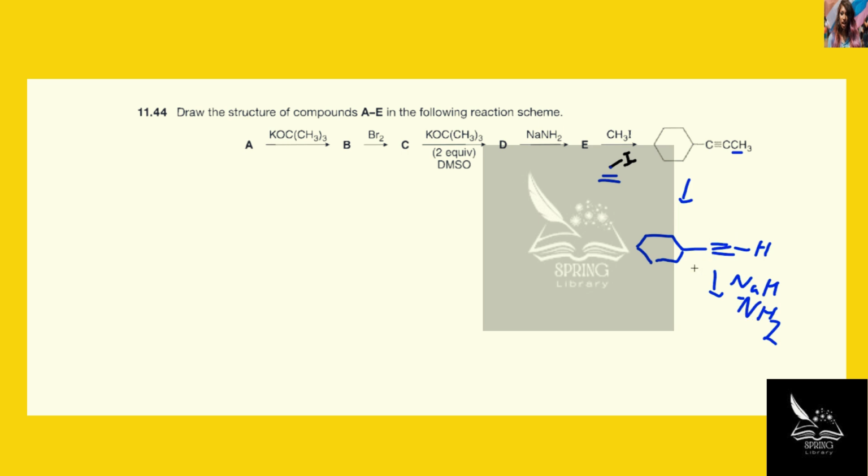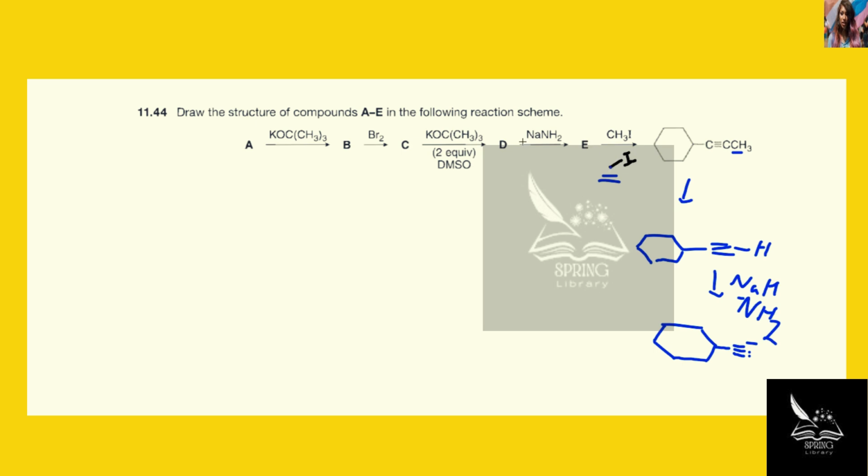The nucleophilic version would be with that proton removed. Then the two electrons of that sigma bond would go on to make a carbanion, which would nucleophilically attack this.